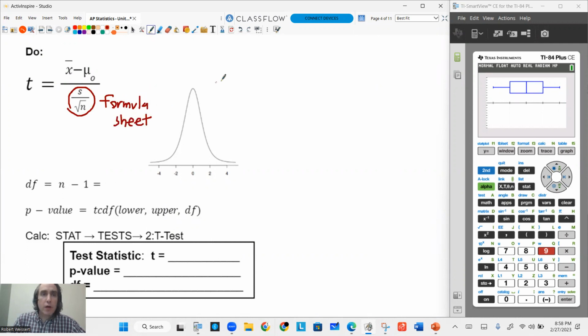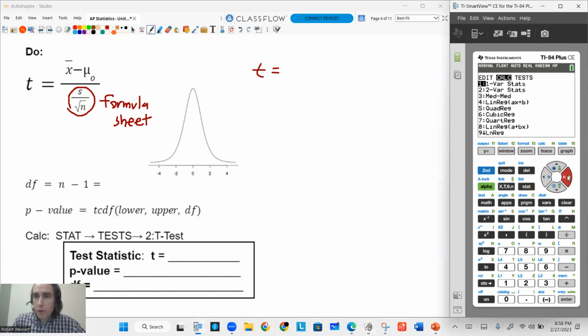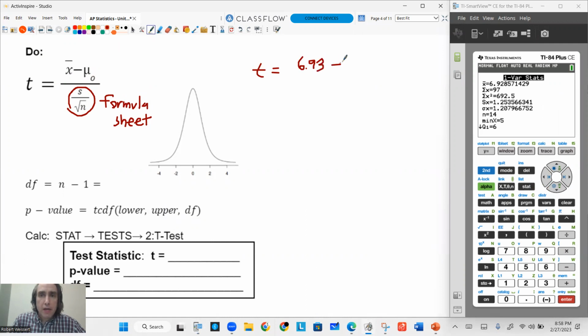So let's go ahead and plug that in and see if we get a t-test statistic. I'm going to run the one variable stats again, and we'll say 6.93 and 1.25. So 6.93 minus 8, divided by 1.25, and our sample size was 14, so divided by the square root of 14.